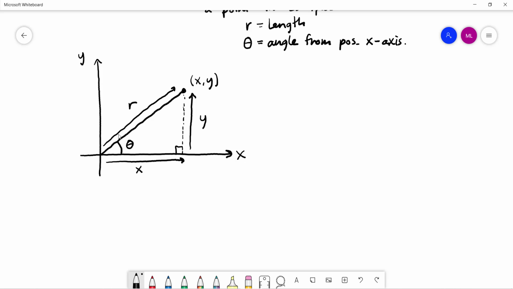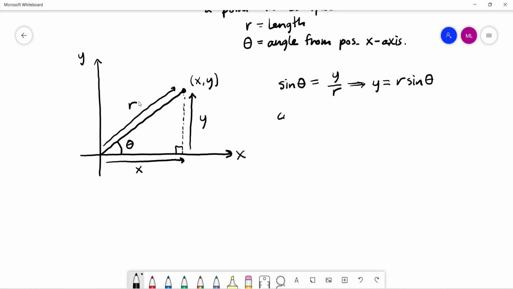And if we use this and recognize that this is a right triangle, we can figure out relationships between these things. So one of the relationships, for example, is that if I look at the sine of theta on this triangle, so sine is opposite over the hypotenuse, that means that I get sine of theta is equal to y over r. And I can use that to solve for y by multiplying both sides by r, and I will get that y is equal to r times the sine of theta.